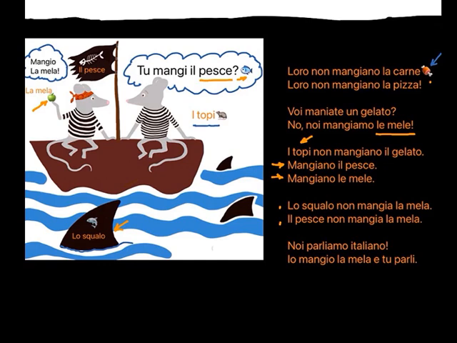All right, so let's see here some vocabulary and how to build some sentences. Loro non mangiano la carne. Yeah, so you see la carne right here. For the vocabulary, you see that they are eating something else. Loro non mangiano la pizza.